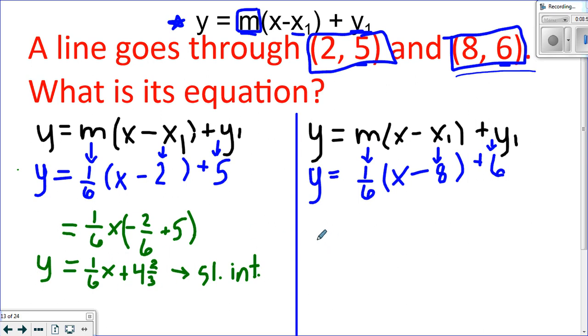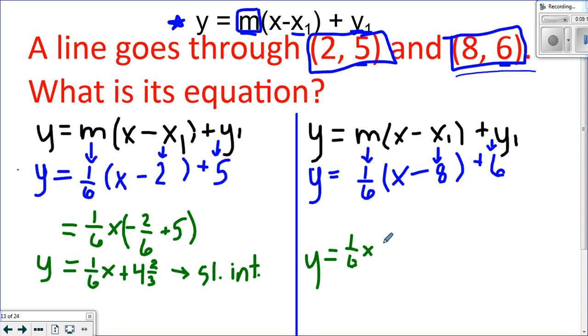Well, again, let's just simplify this one and see what we get. So again, using my distributive property, 1/6 times x, 1/6 x. I have 1/6 times 8. I'm going to simplify that right away. So that's 8/6, right? 1 times 8, 6 times 1.